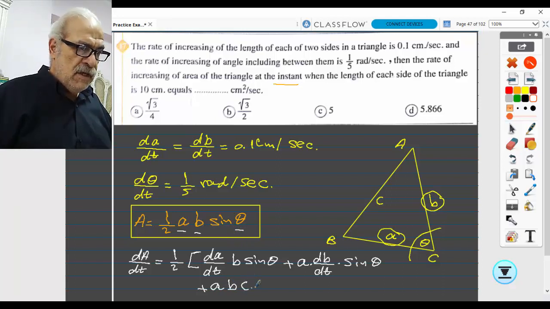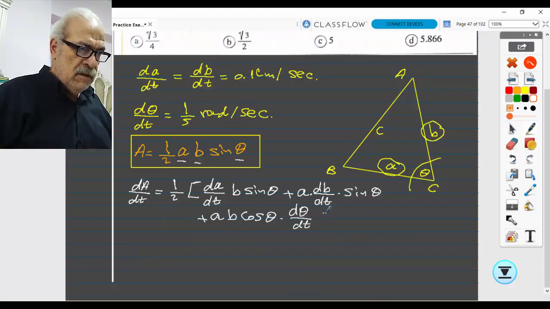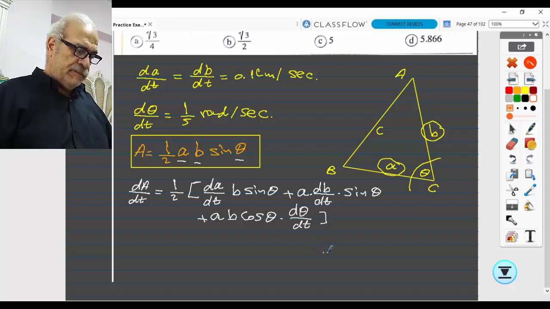It will be cosine theta dot d theta/dt. And we close the bracket.